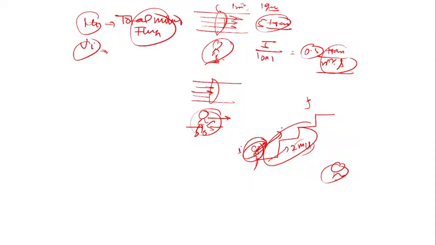So first of all, are you getting Ni and Ji? Ni is the flux of species I with respect to a stationary observer. One more example I would like to give you to clear this topic.